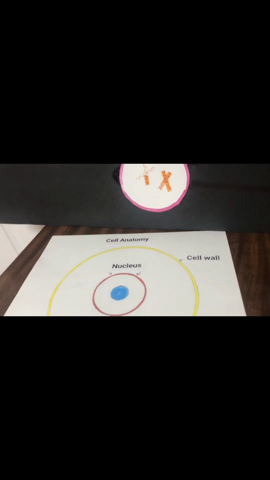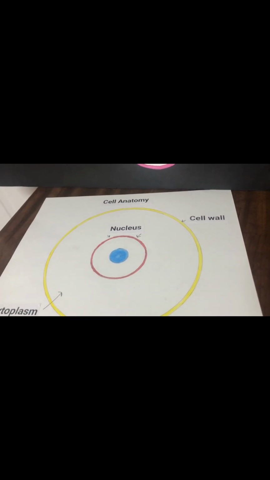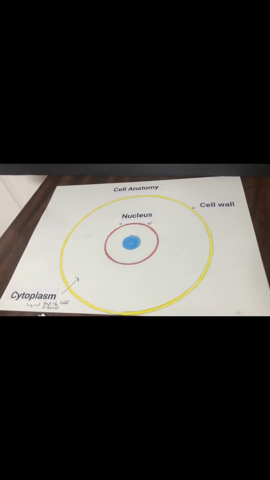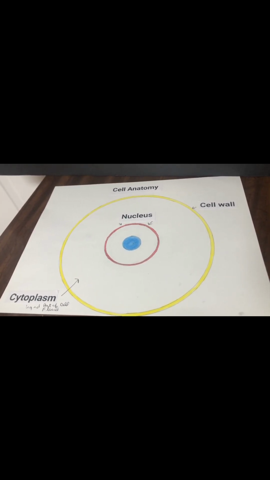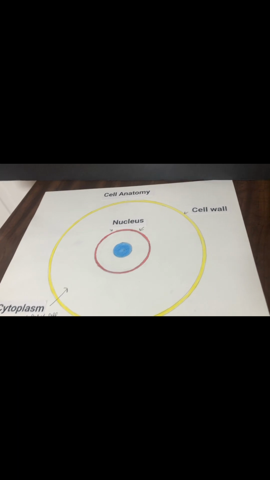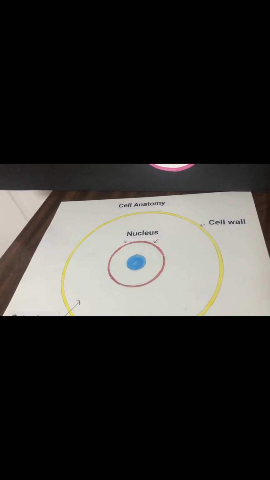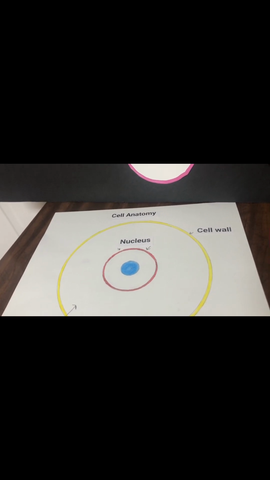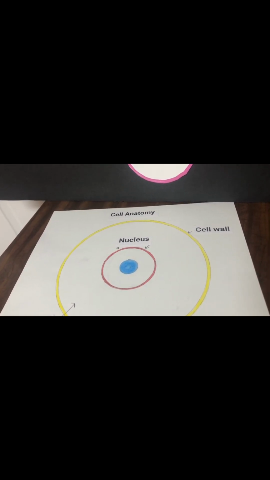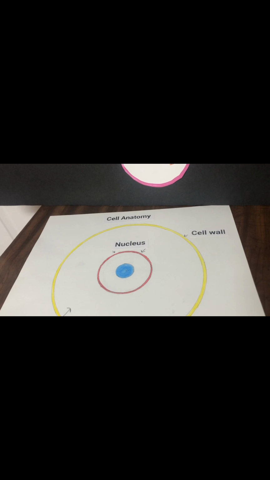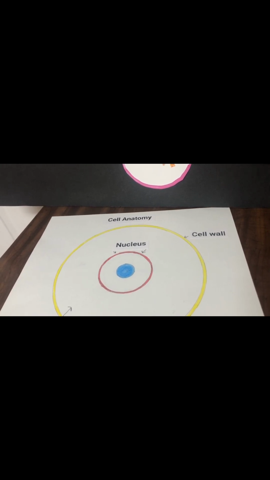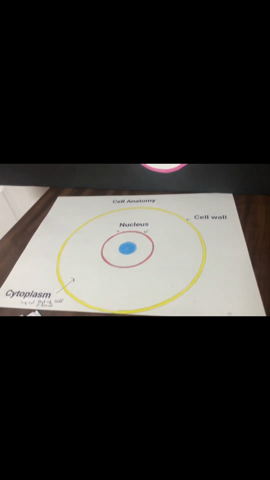My cell diagram, nucleus, cell wall, cytoplasm. The chromosome centromere is divided into two sisters. The chromatids separate while spindle fibers pull them toward opposite poles.